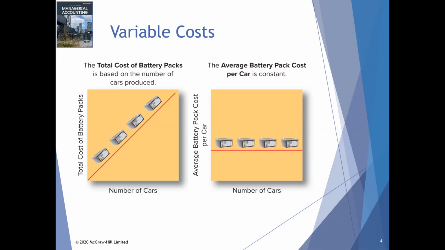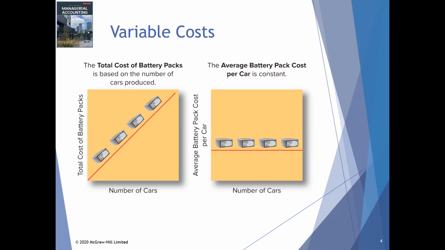If there are 5 cars, then 5 battery packs are required. If there are 10, accordingly the total cost of battery packs will increase. So as the activity goes up or down, on the basis of that, the cost of the battery packs will also change.